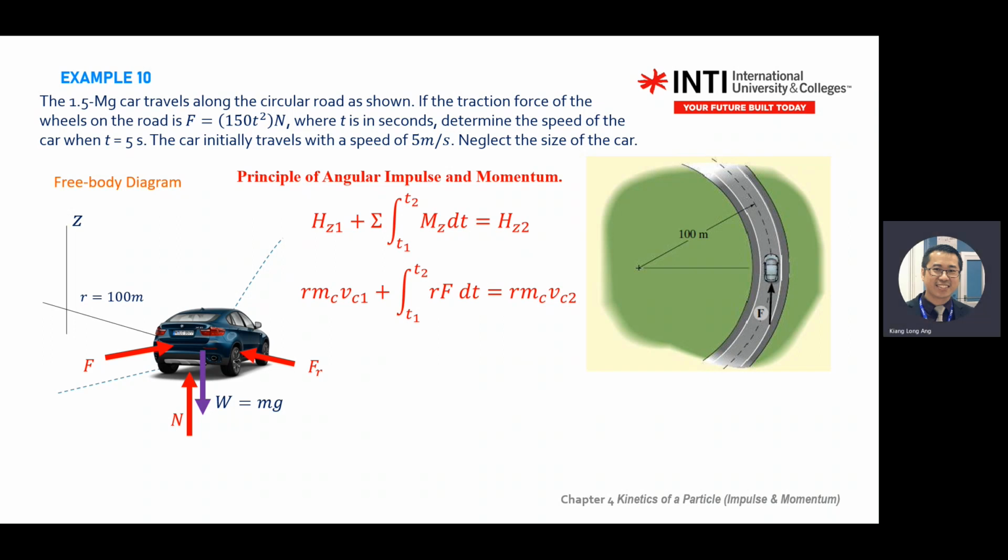All right. So r mv before, and then what is angular impulse? Moment times time. How do you get your moment? The force and distance must be perpendicular. So this force is perpendicular to the radius all the time.